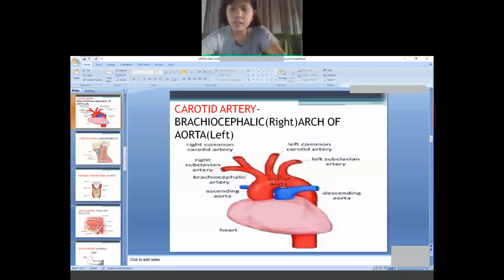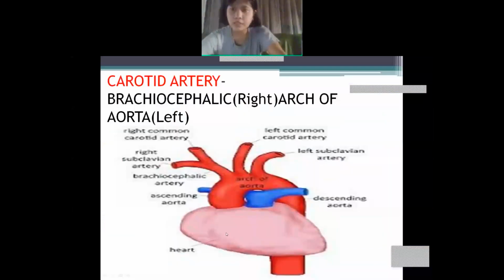So this is your heart, right? Upside of your heart there lies the arch of the aorta. All of this is also known as aorta. All this structure, this is your heart, and this is the arch of the aorta. So where does the aorta begin?